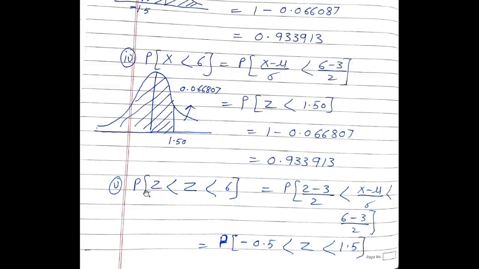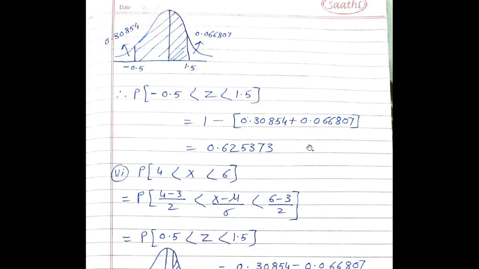Fifth part of the problem, probability 2 less than x less than 6. So this can be considered as probability 2 minus 3 upon 2 less than x minus mu upon sigma less than 6 minus 3 upon 2. So we can write this as probability minus 0.5 less than z less than 1.5.